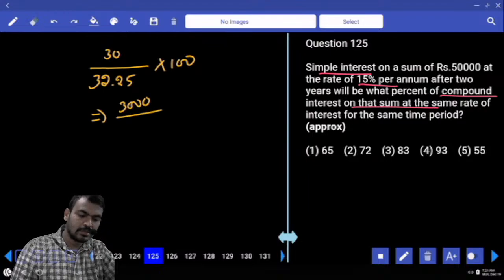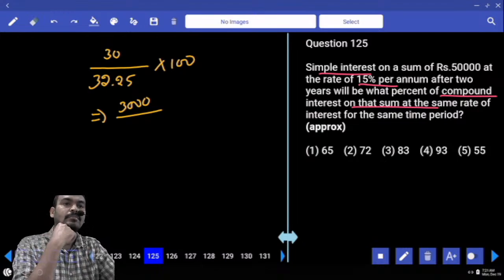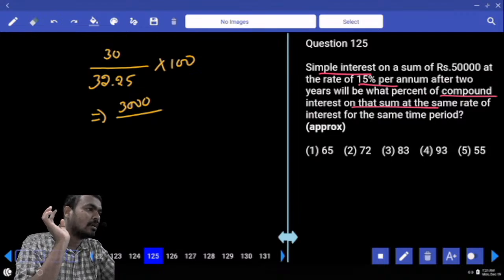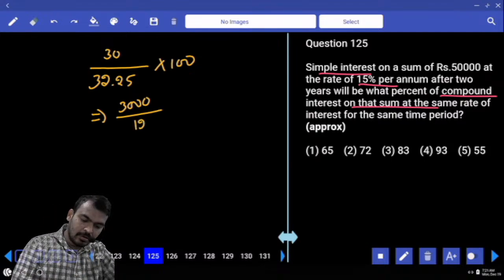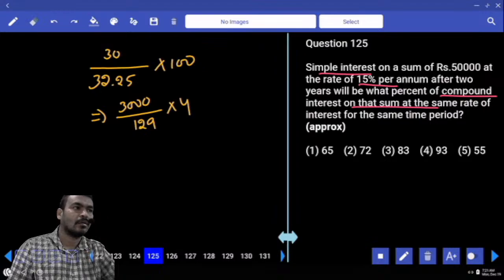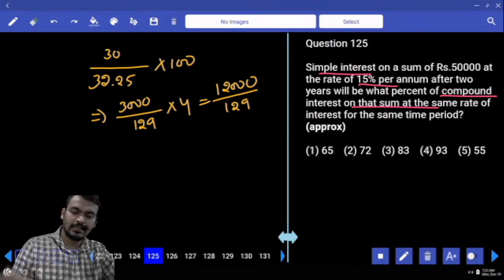By how much value? 32.25. 32.25 double is 64.5. 64.5 double is 129. 129 divide by 129 into 400. Okay, it is how much? Almost 12,000. 12,000 by which one? 129. Okay, it is a general calculation. We do not require this one.